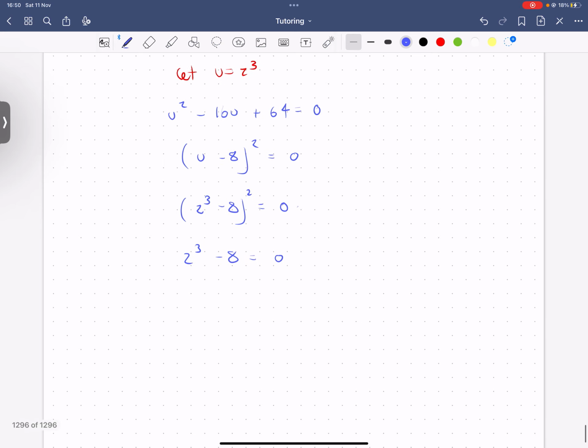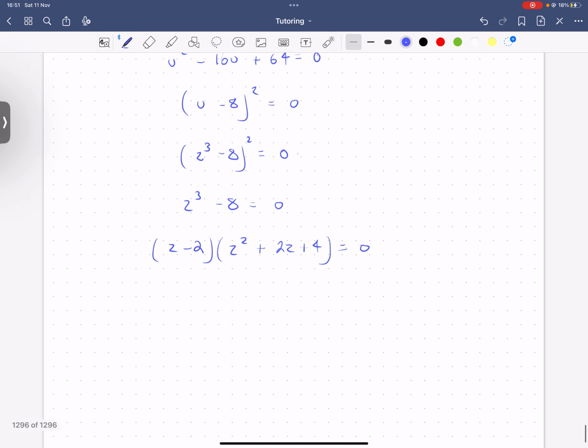Now to solve this, we're going to use the factorization of a difference of two cubes, which you learnt in the holiday homework I assigned you. So this is going to be z minus 2, and then z squared plus 2z plus 4 equals 0.